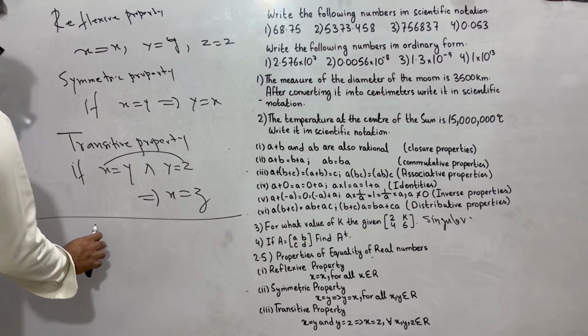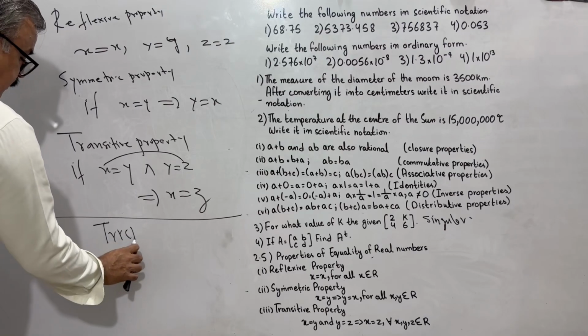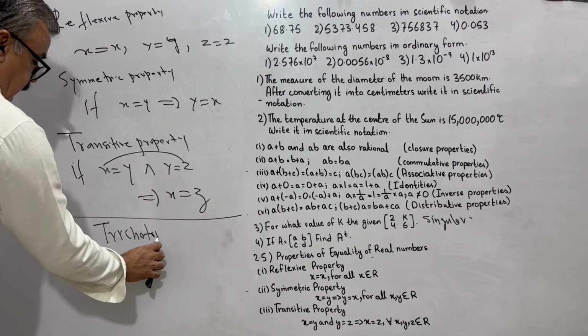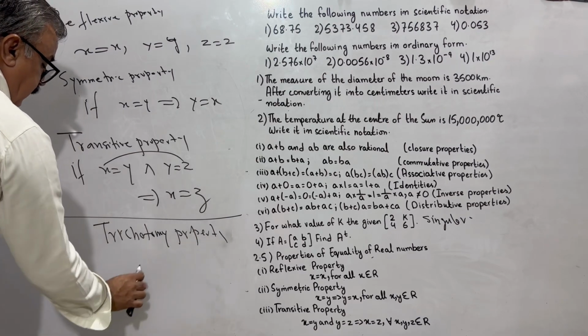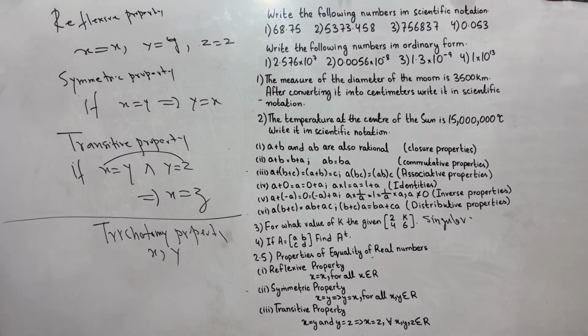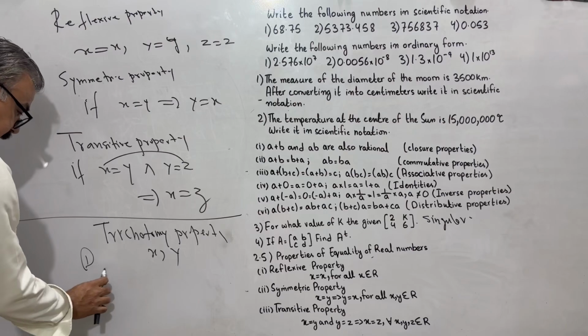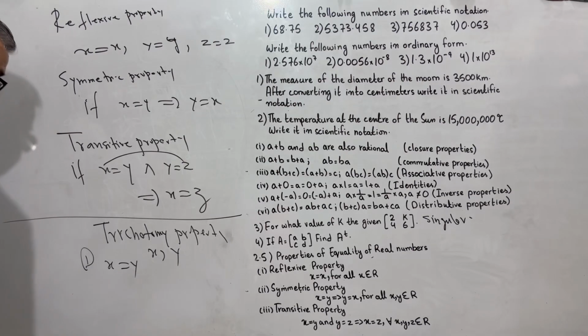Let me share with you the trichotomy law, the trichotomy property of inequality. It states that for any two real numbers, any one of the following is true. Number one, they might be equal.